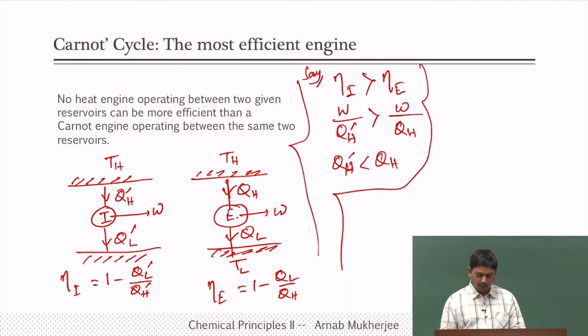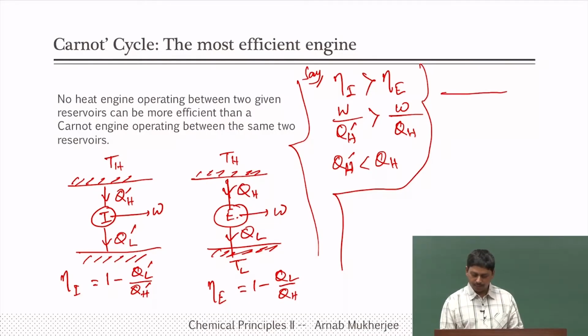Let us combine the irreversible engine and the Carnot engine in such a way that the irreversible engine drives the Carnot engine. That means the work we get out of the irreversible engine should help run the other engine in the opposite direction. So, we are going to put the Carnot engine in reverse, and this one in the forward direction.